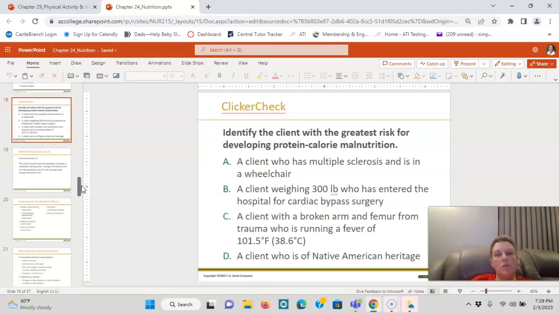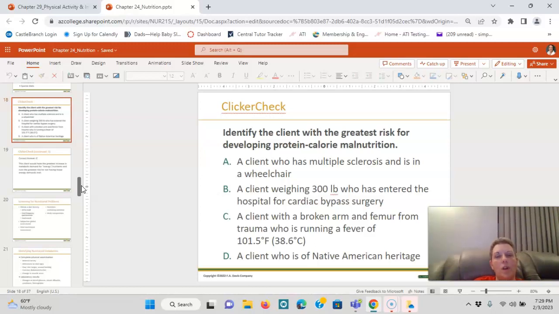A has multiple sclerosis and is in a wheelchair. That does not mean that he can't eat. B, a client weighing 300 pounds who has entered the hospital for cardiac bypass surgery, does not mean that he can't eat. Protein-calorie malnutrition. C, a broken arm and femur from trauma, who is running a fever of 101.5.